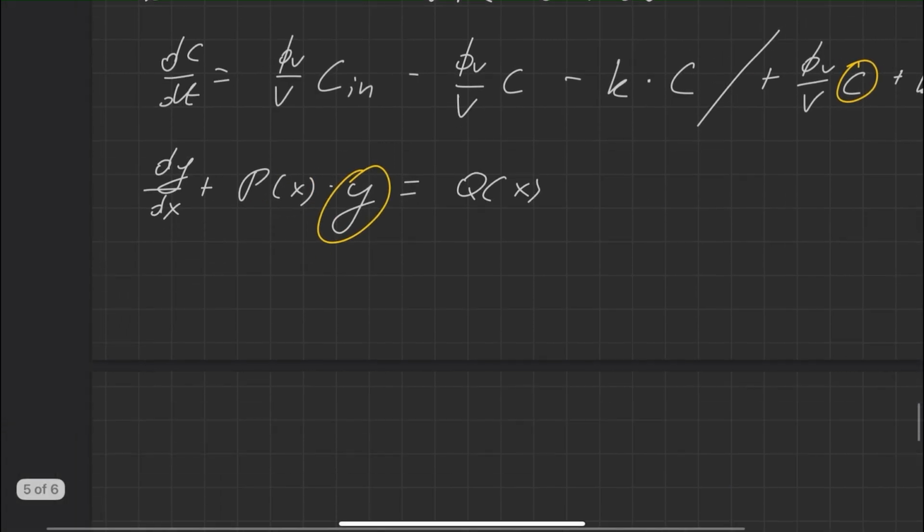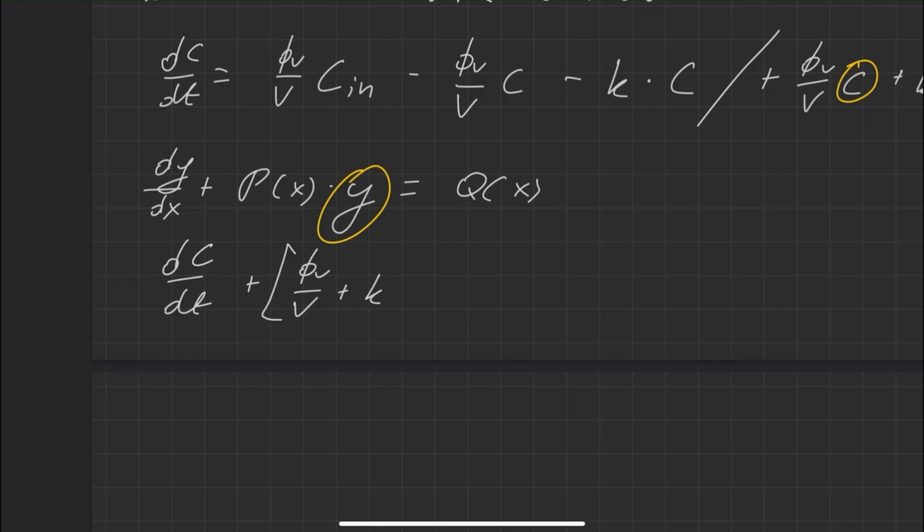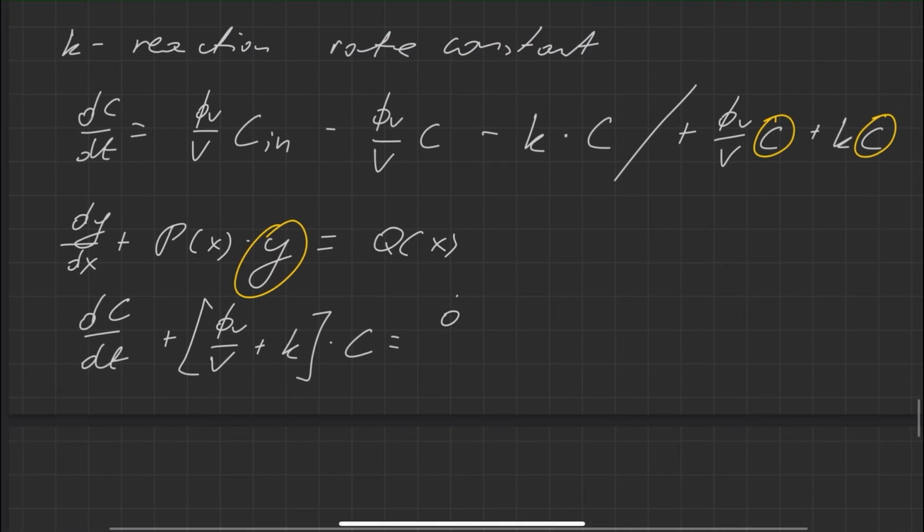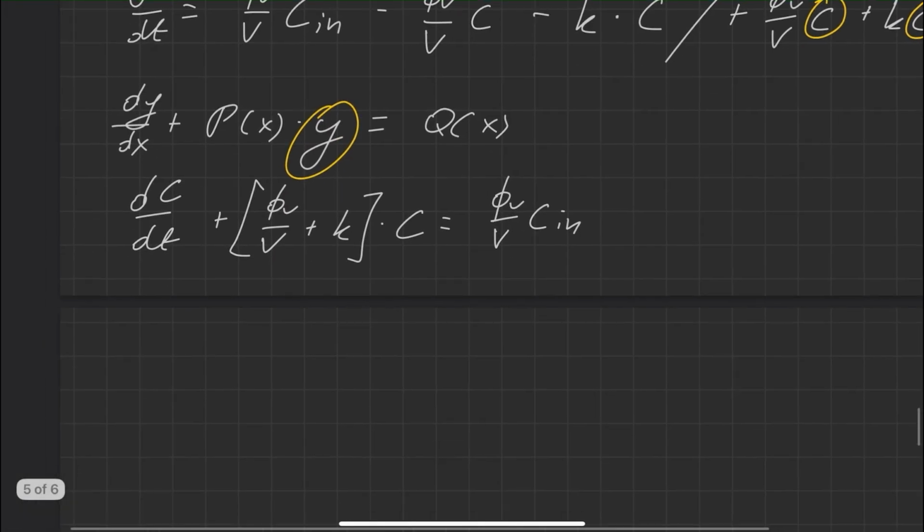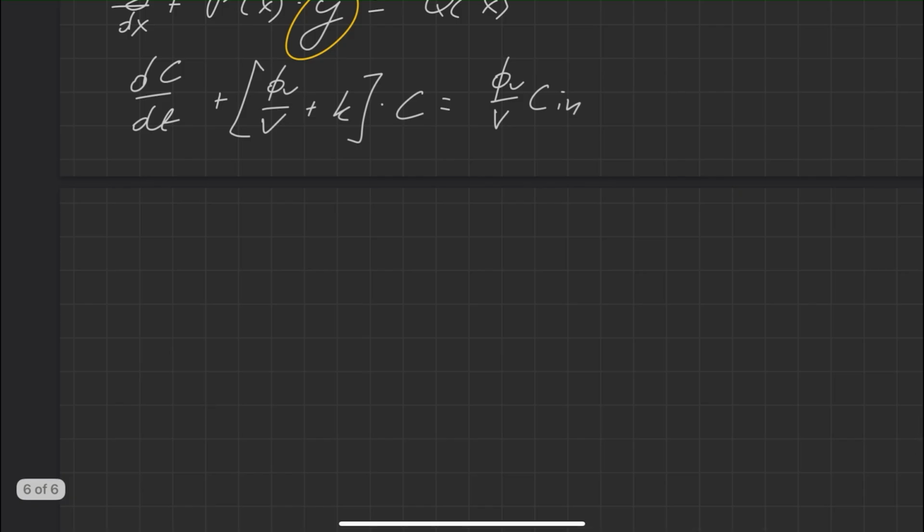So we are left with this expression, plus, let me already factorize the form, equals a simple constant, the volumetric flow rate divided by volume times the inlet concentration of the continuously stirred tank reactor. Please note that this is the expression that stands next to our dependent variable. So this is our P of x.